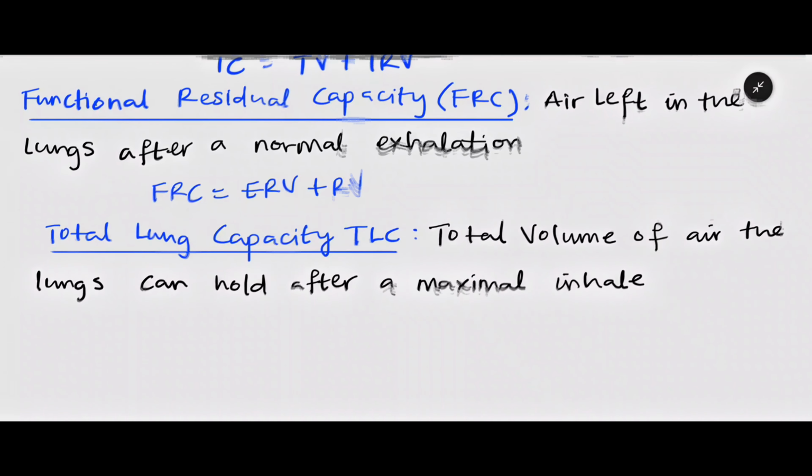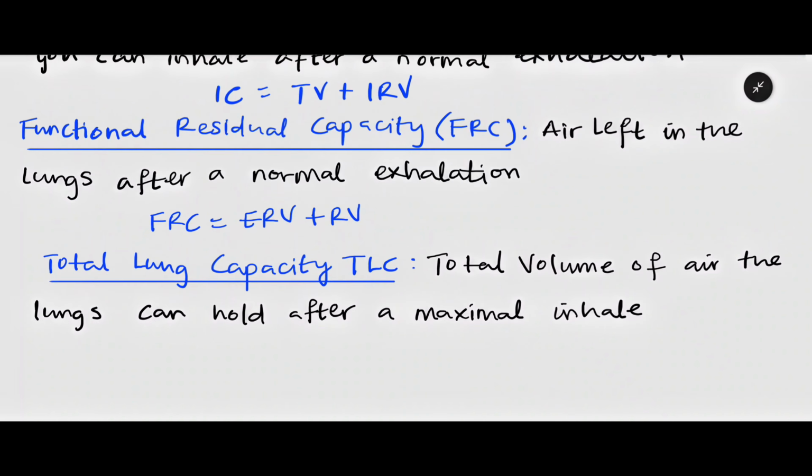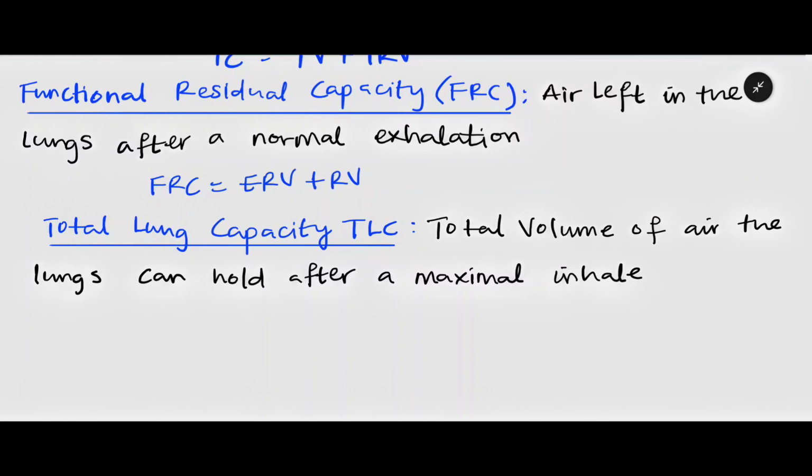Next, we have functional residual capacity, which is simply the air left in the lungs after a normal exhalation, and this is equal to expiratory reserve volume plus residual volume. Lastly, we have lung capacity, which is the total volume of air the lungs can hold after a maximum inhale.